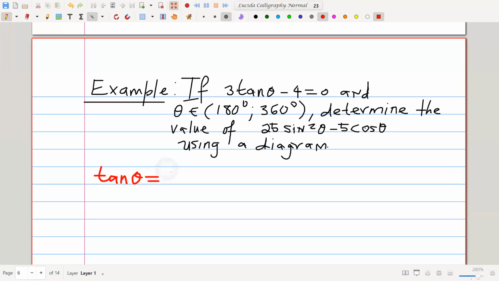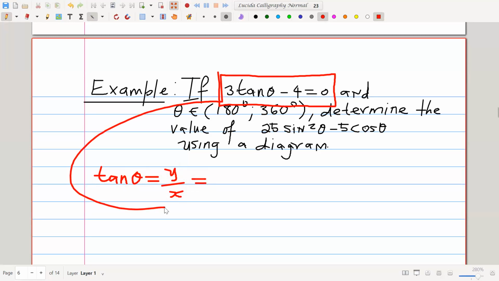Remember, tan is defined as y over x. So in other words, this can be written as tan theta equals 4 divided by 3, which means tan theta equals 4 over 3.